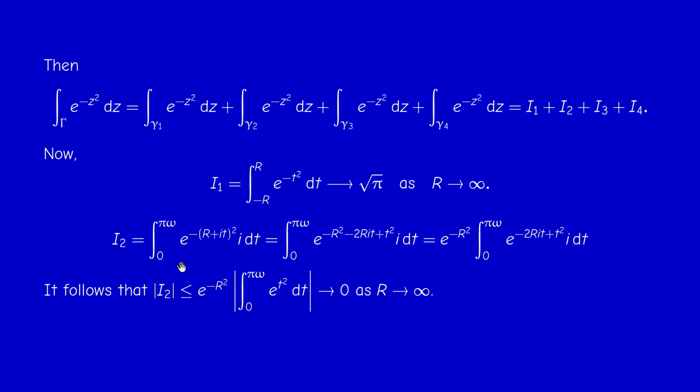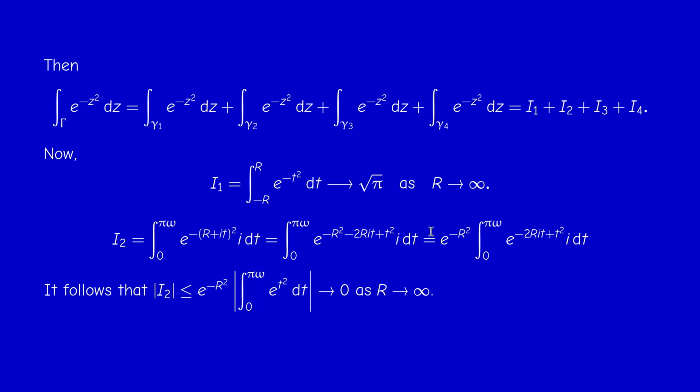So if you go back to the definition, it's the integral from 0 to pi omega, and replace z by its value and multiply by the derivative, which is i. And now if you expand this, you get r squared minus t squared plus 2rit. But you have a minus here. So when you do the algebra, you will see that we have e minus r squared in factor, so I can put it outside, and the function inside is of this form.